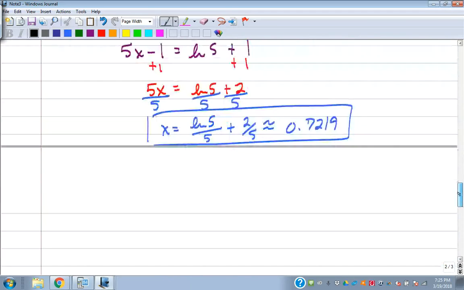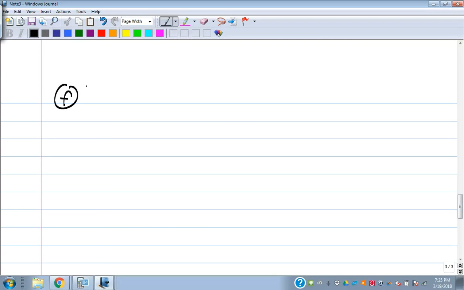All right. What letter are we on here? F. 4 natural log of x equals 36. The key to doing these problems is getting the log part by itself, whatever log base it is.